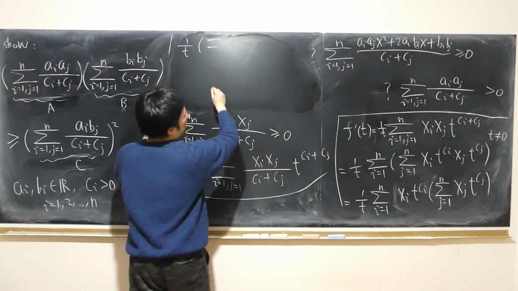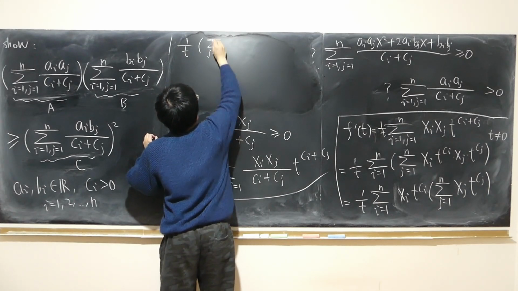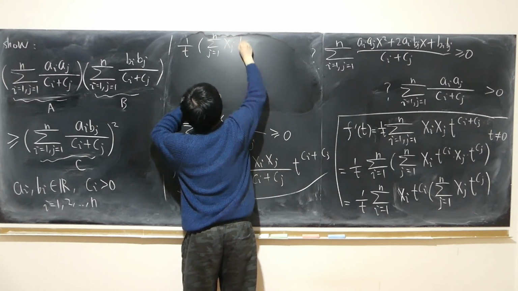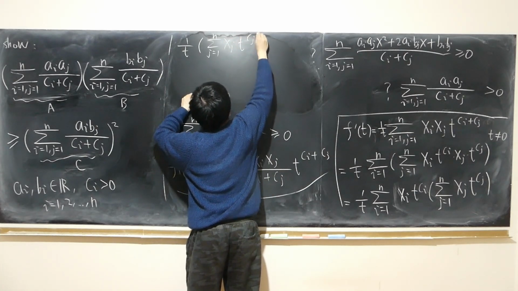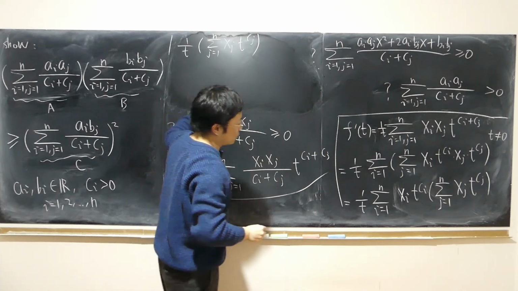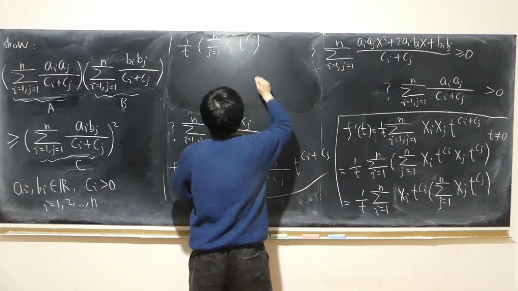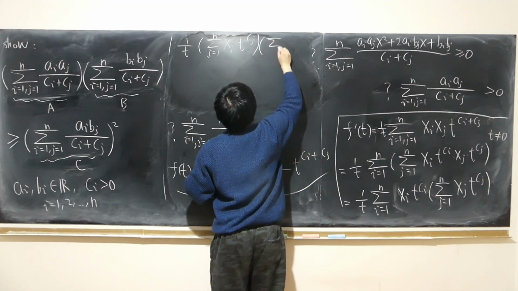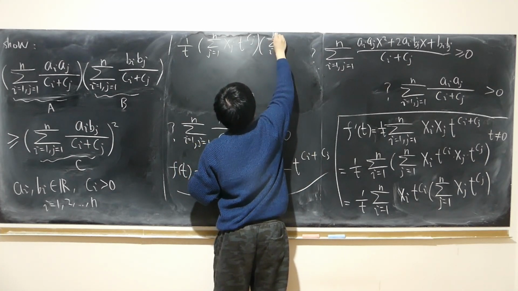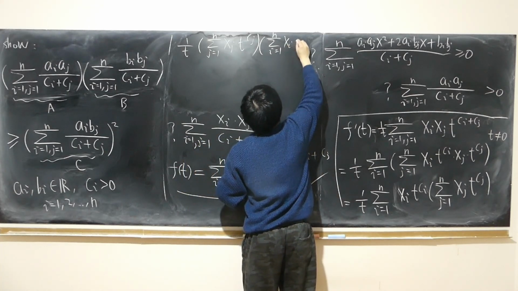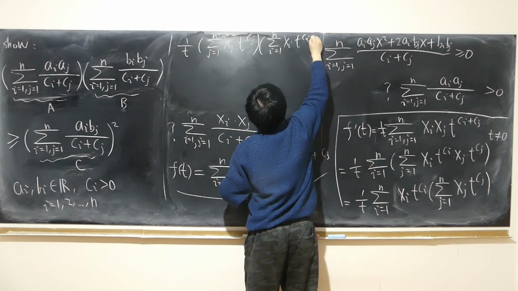Sigma j xj t to the cj. This is a constant pulled out of this sum. That is i goes from 1, xi t to the ci.